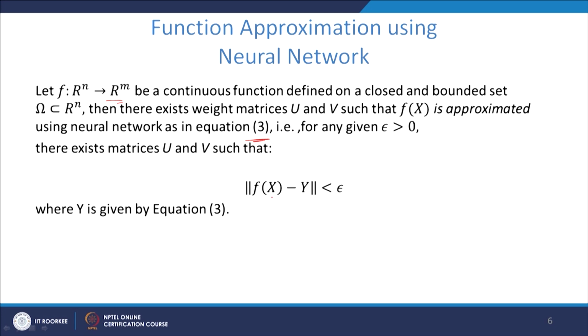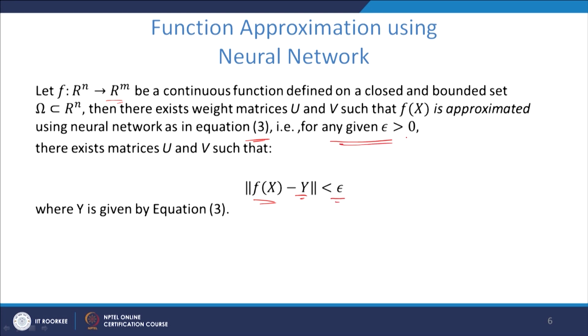So, we can find suitable weight matrices capital U and capital V in such a way that the norm of the difference between f(x) and y is less than epsilon for any given epsilon.